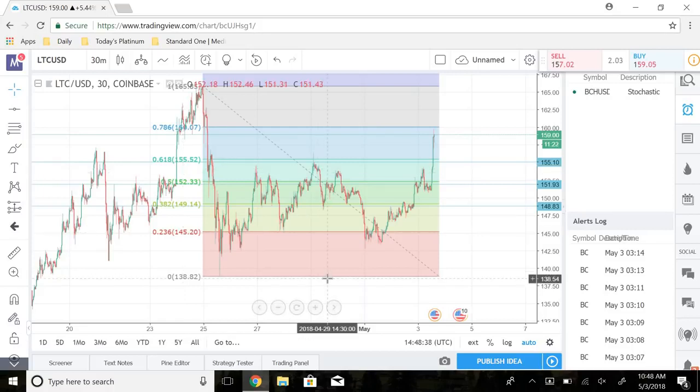When multiple indicators are showing you that yes, this is a support, yes, this is a resistance, yes, this is a good entry, chances are it's a pretty good spot to enter a trade.